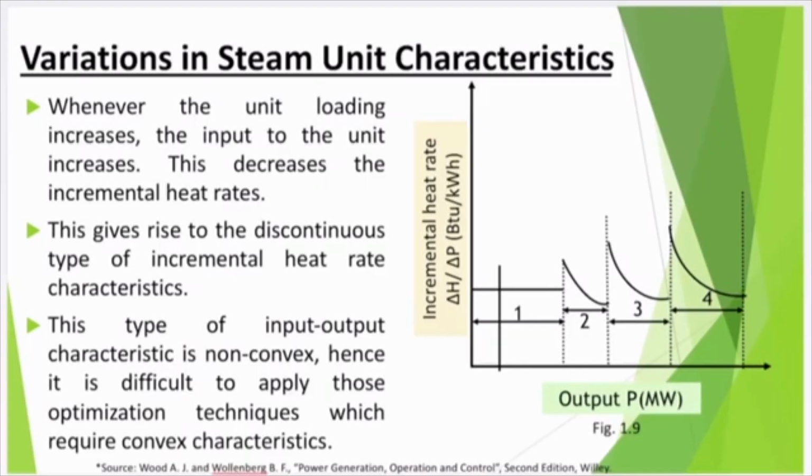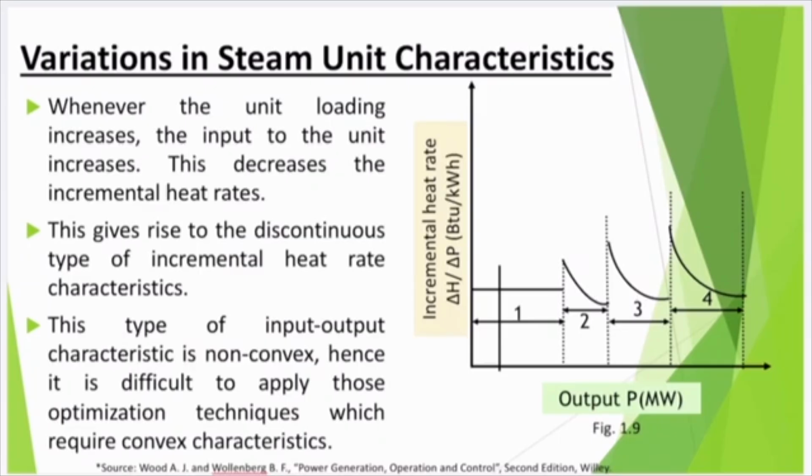So the classical optimization techniques are not suitable, and hence we have to reinvent a new mechanism to obtain the optimal point between P min to P maximum for solving the optimal power output of the given power plant. But now, if you see different steam turbines' characteristic, if you draw the incremental characteristic now, you can see it is not only disturbing, but it is altogether a different characteristic.